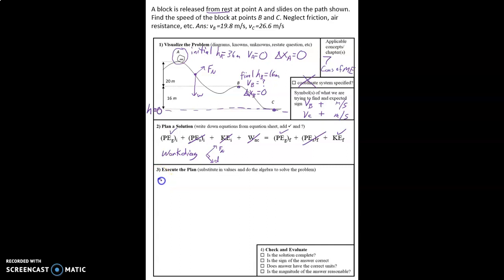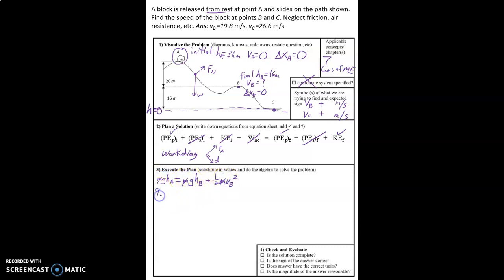We can say mgh_A equals mgh_B plus 1/2 mv_B squared. Now we look carefully. There's mass here, mass here, mass here. It's in every single term. Be careful, sometimes students will try to cancel out the mass when it's in 2 out of 3 terms, but that doesn't work. It has to be in every single term, so we can divide through by the mass.